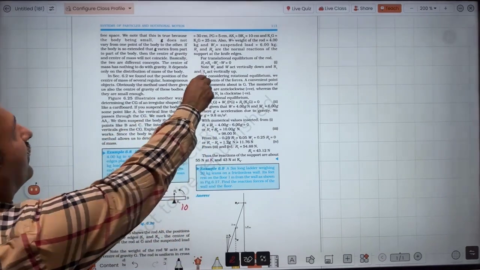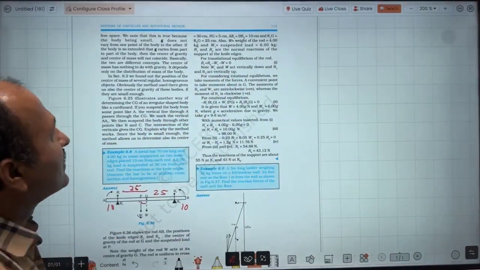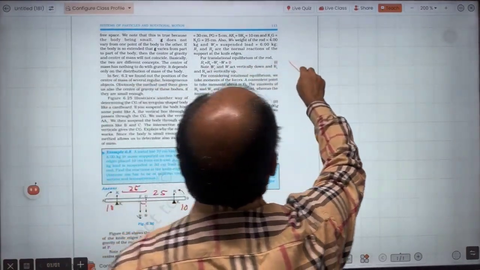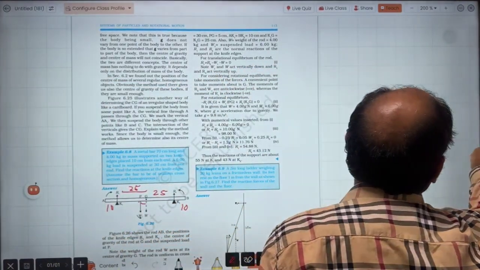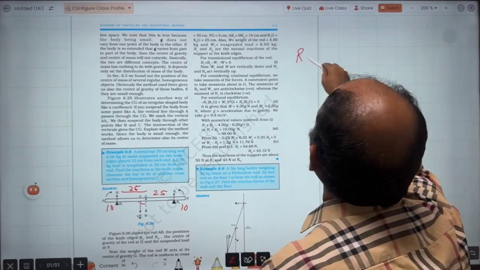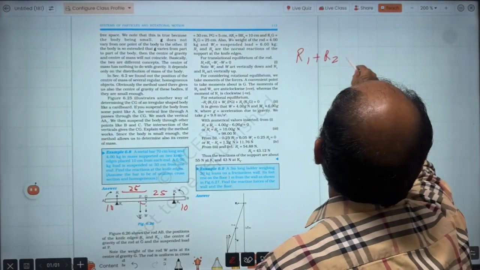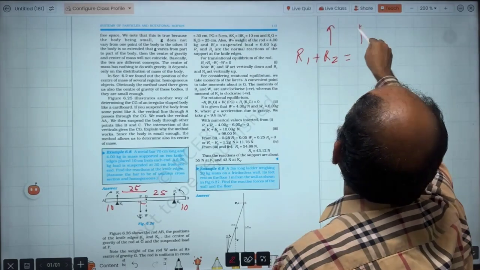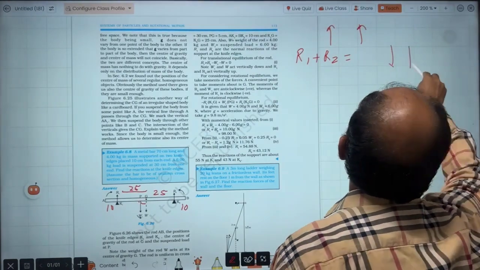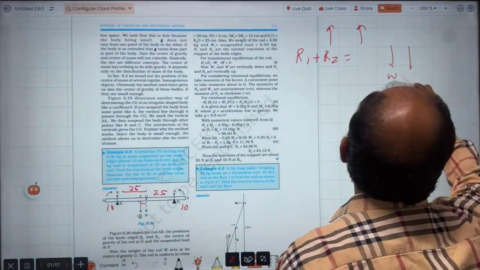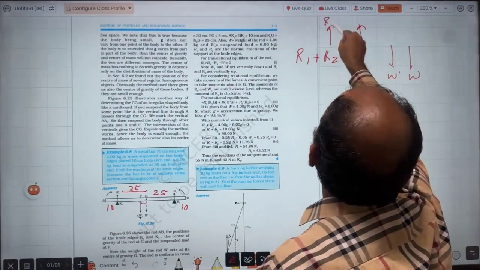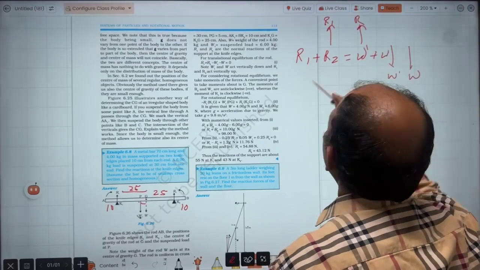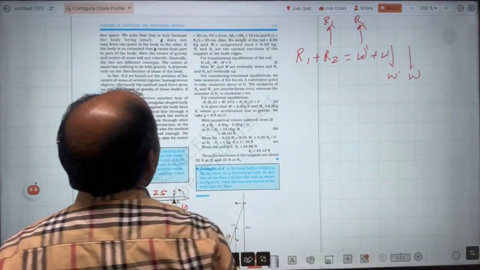So we can also write R1 plus R2 equal to W1 plus W, the two weights. Normal reactions are upward and these weights are downwards, W and W dash. So R1 plus R2 must be equal to W dash plus W. Up to here, it's clear.